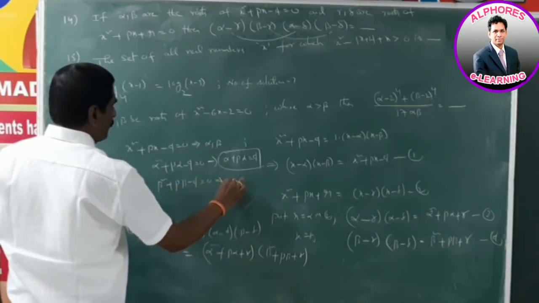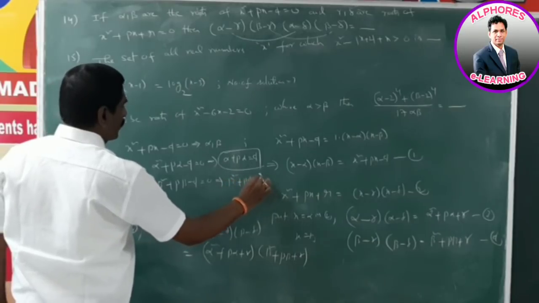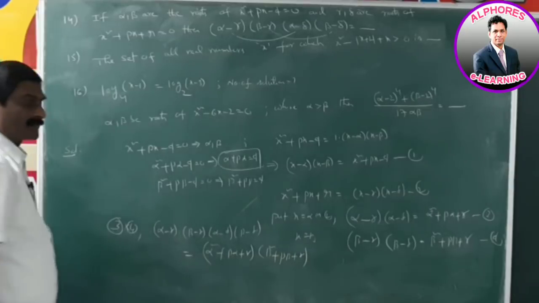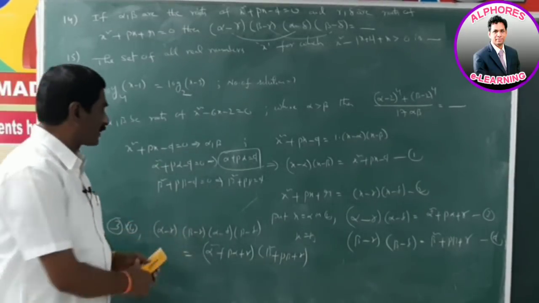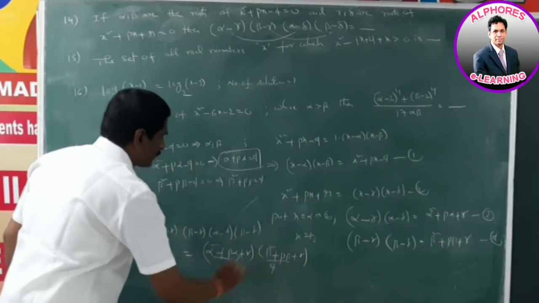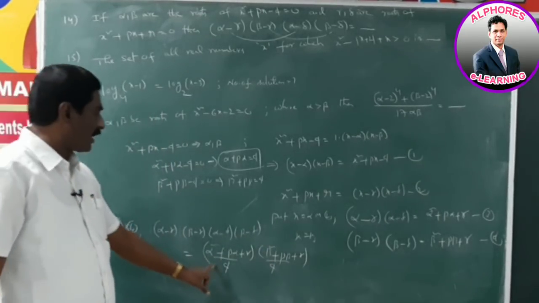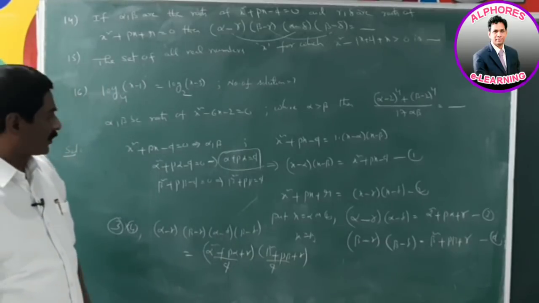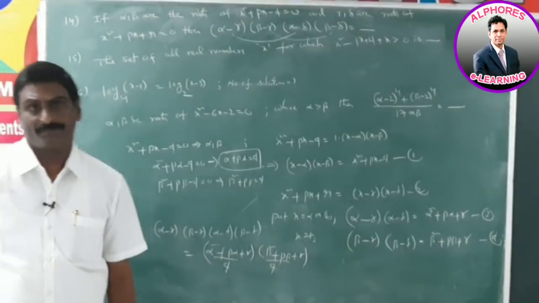That means beta² + p beta is equal to q. Okay. Substitute these values in this equation. So, this value is q, this value is q. So, (q + r)(q + r). So, we get finally (q + r) whole square.